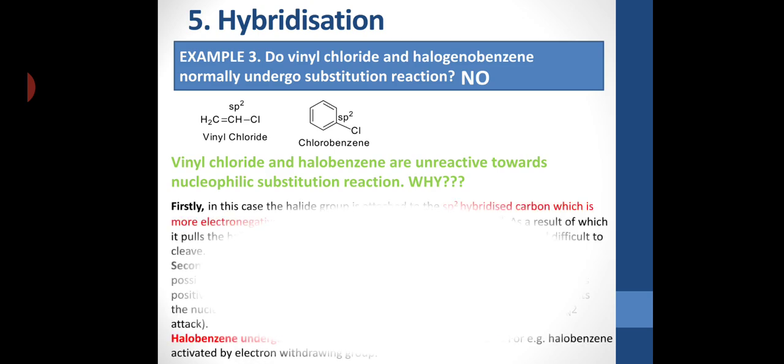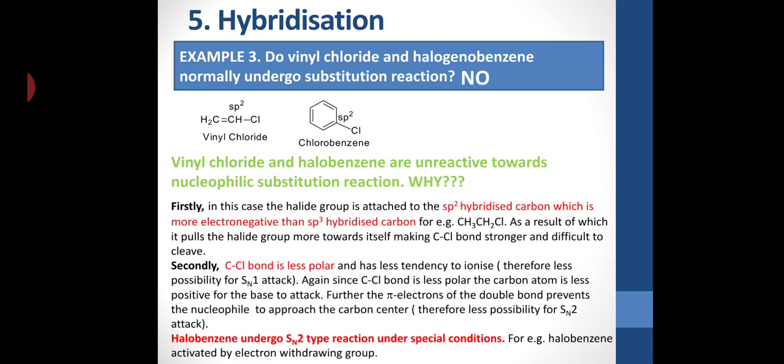In this compound, the halide group is attached to a sp2 hybridized carbon atom, which is more electronegative than sp3 hybridized carbon, and will pull the halide group more towards itself, and the CCl bond becomes stronger and it is difficult to break. So, no SN1 attack.